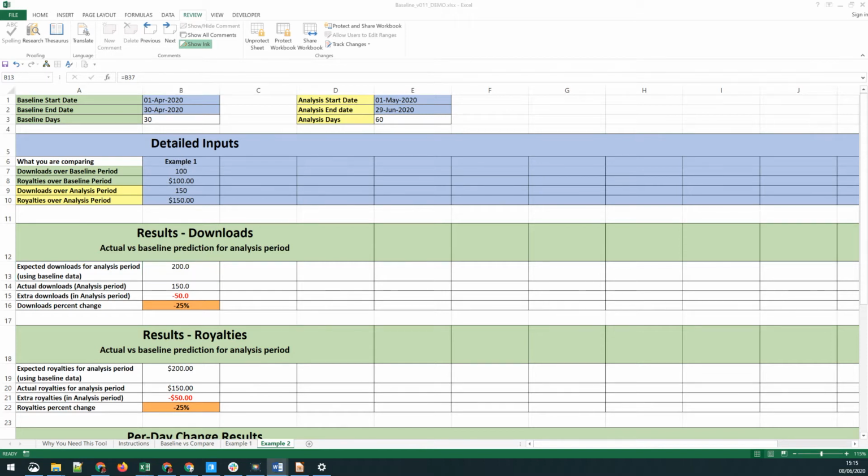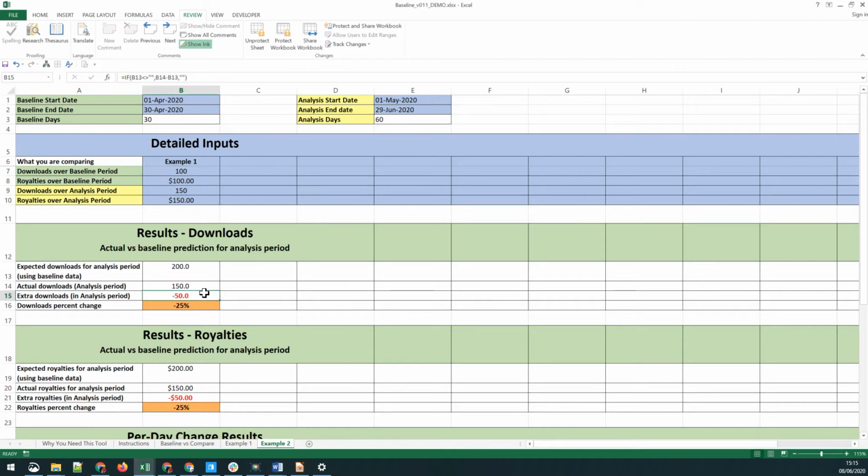Okay, so that's the numbers put in, and as you can see, our compare period is actually shorter than our analysis period here. And looking at these numbers, it looks like things have actually improved. It's gone from 100 to 150 and $100 to $150. Now, if we look at the actual results, you can pretty quickly see that things aren't quite so healthy.